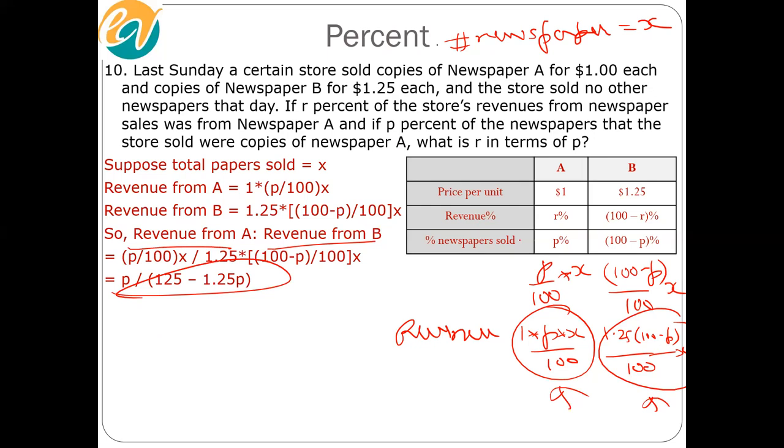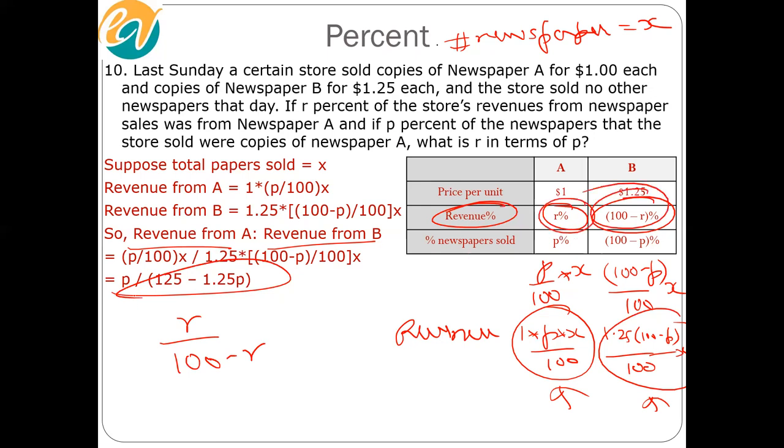Now notice we are also given the percentage of revenue that the store derived from the sale of newspaper A. Similarly, this is the percentage revenue that the store derived from the sale of newspaper B. So from this also we can find the ratio of revenue from newspaper A to newspaper B, which would be R divided by 100 minus R. This divided by this, correct?